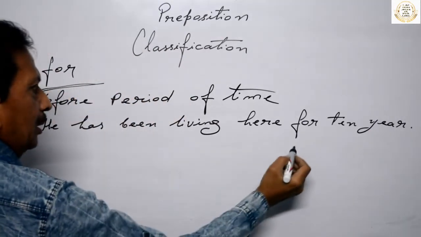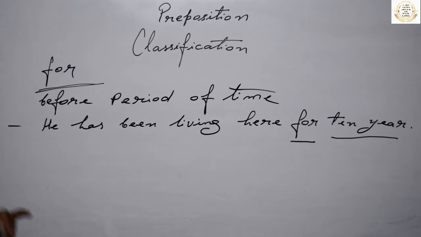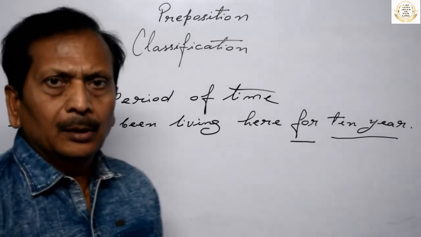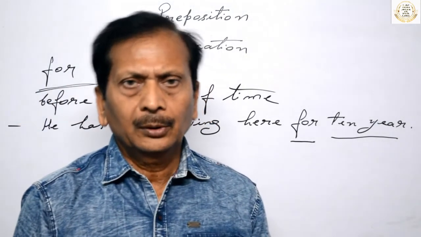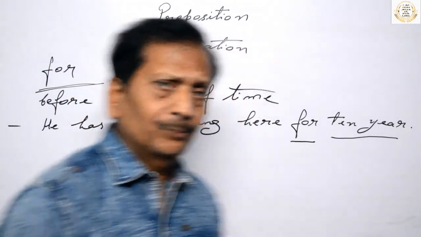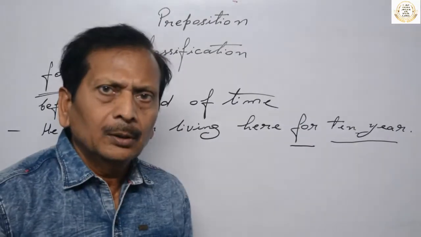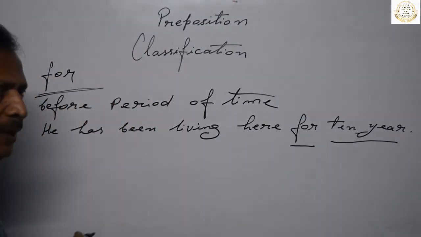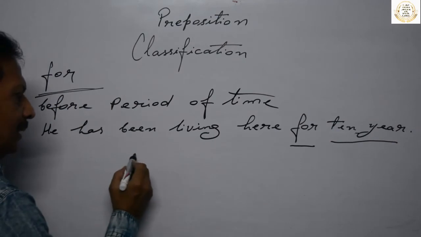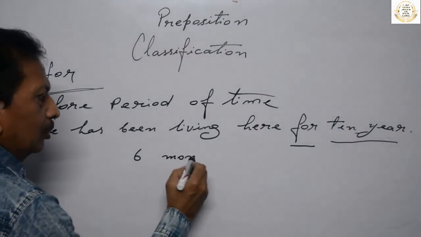Here you can see for 10 years. Okay, I mean before a period of time you can use for. To understand period of time, a very simple and easy, interesting technique here is, for period of time I want to say like this. You can see 6 months.